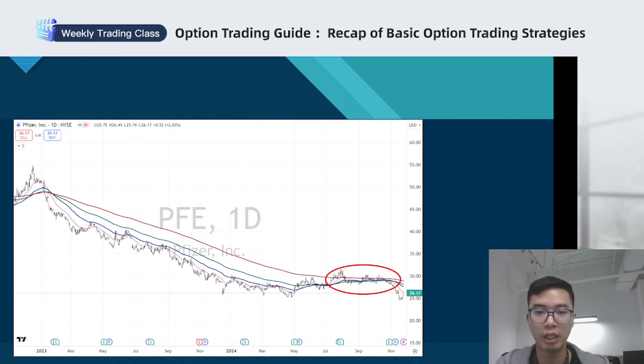So this is the area we can consider to short, because it goes up, consolidates, tests the resistance, and then breaks down. Pfizer in this case is a good example of a stock to look for shorts. This is how we use these MA strategies to look for downtrend stocks to short, to open long puts.